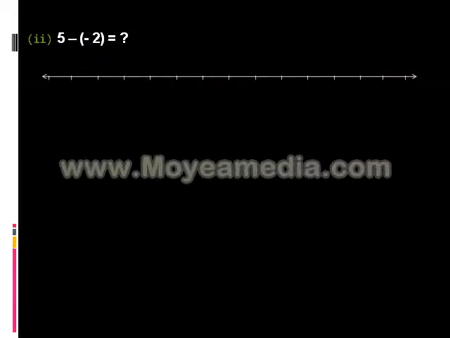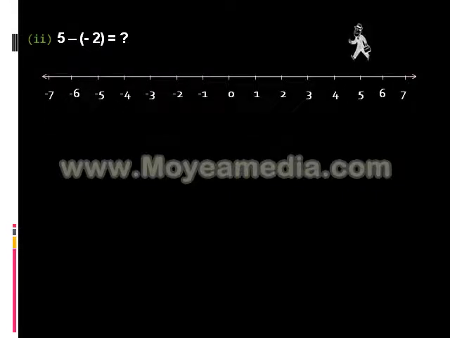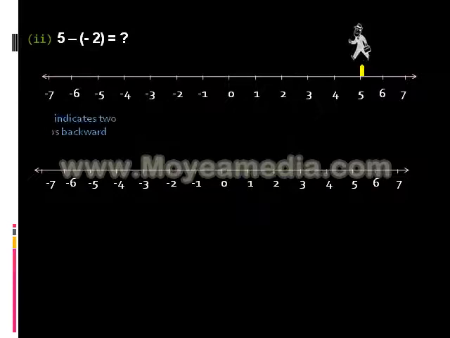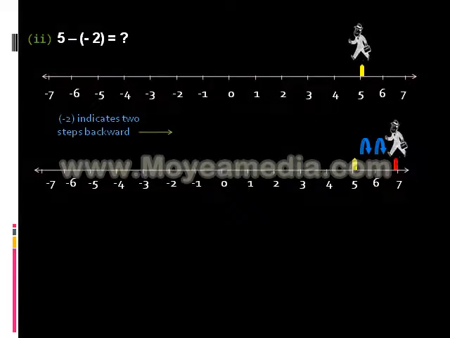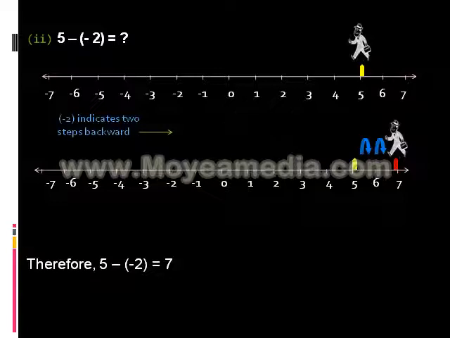The rules remain the same because it is a question of subtracting, so you stand at 5 facing negative, and because a negative number is to be subtracted, you take 2 steps backward, towards the positive side, as the arrow indicates. See where you are now. By doing so, you are at 7, and that is your answer. So 5 minus minus 2 equals 7.